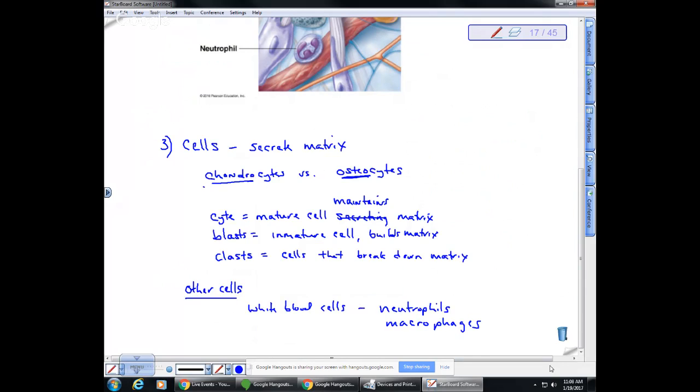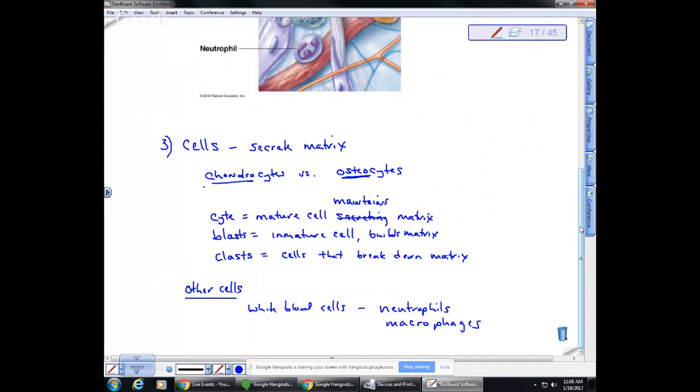So perhaps if you have torn cartilage or a ruptured disc, the macrophages would eventually go in over time and clean up the debris in the connective tissue.